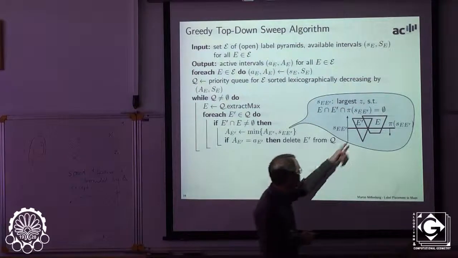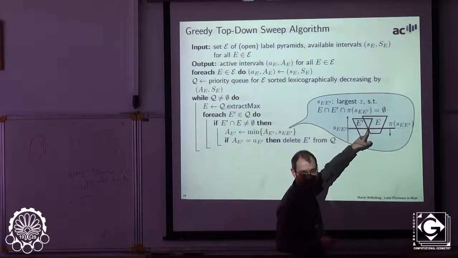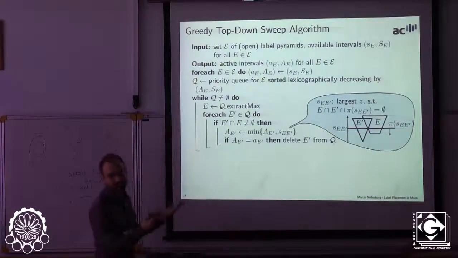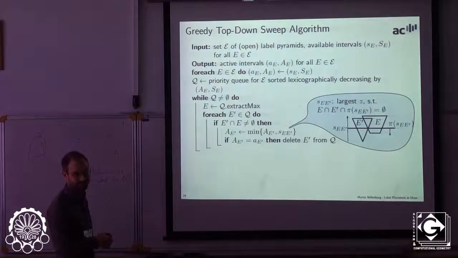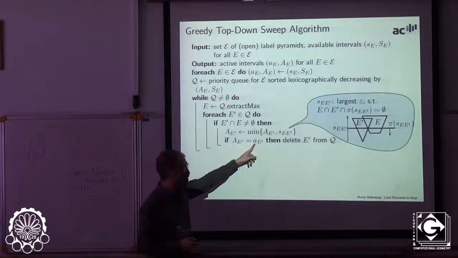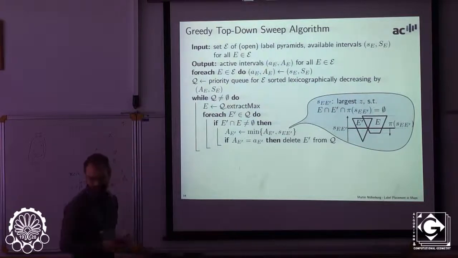So you see E and E prime intersect, and you look basically for the intersection point of the pyramids, and this is the scale when the other label could possibly be activated. And if at some point we lower the upper end of the active range to the lower end, then this label is never shown and we just delete it. That's the idea here.